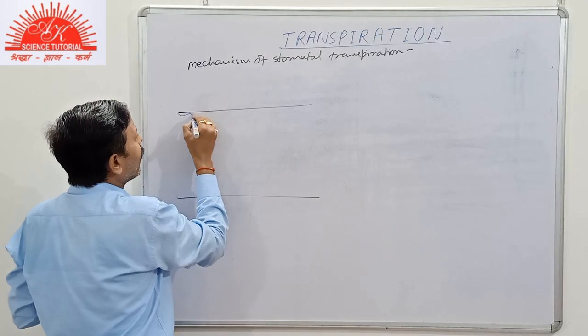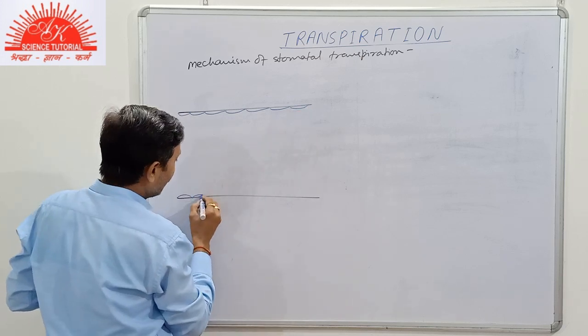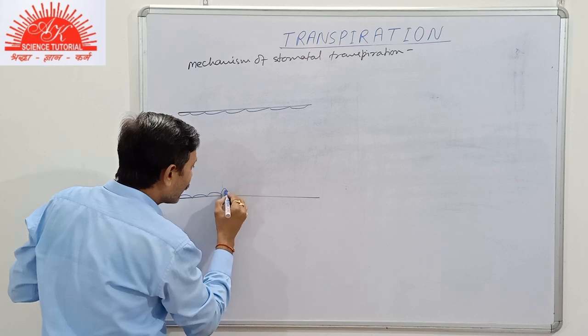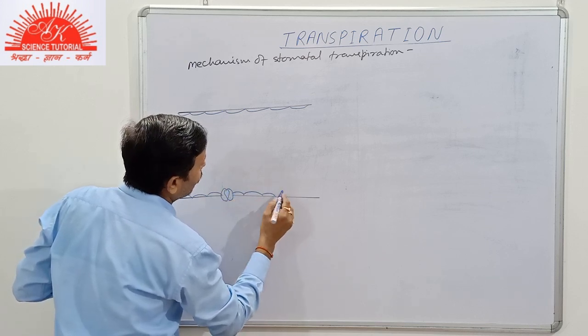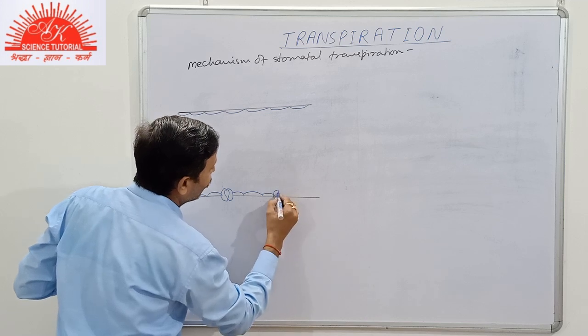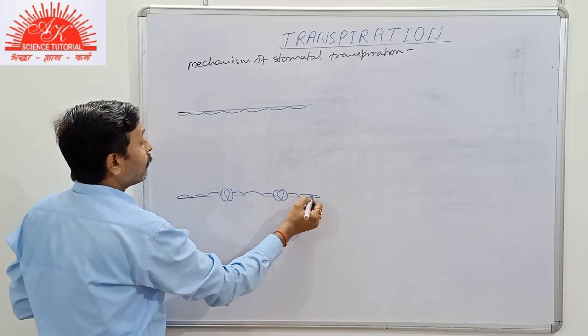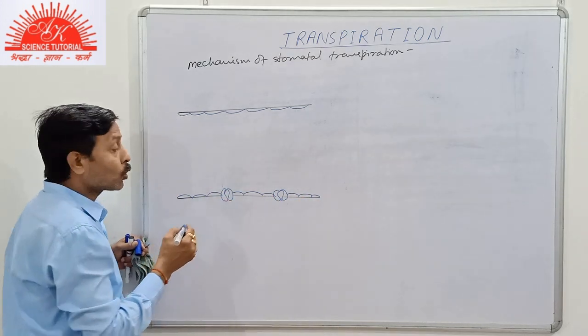Suppose this is the upper epidermis layer of cells, and here there is the lower epidermis, but in between there are the stoma, singular is stoma. So when we have to label, we will mark stoma, but when we have to describe it in words, we will write stomata.